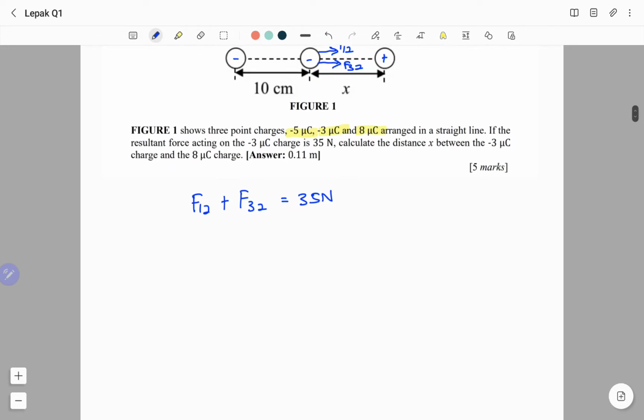Once we have this, before determining the value of x, first we need to determine the force F32.